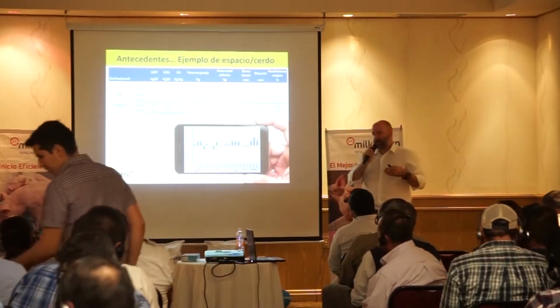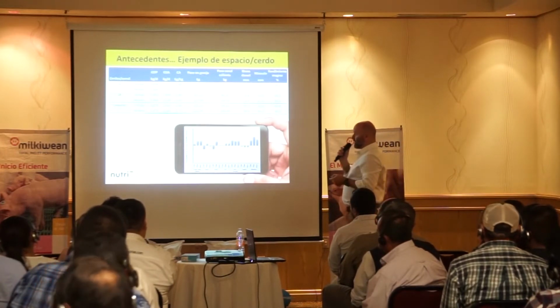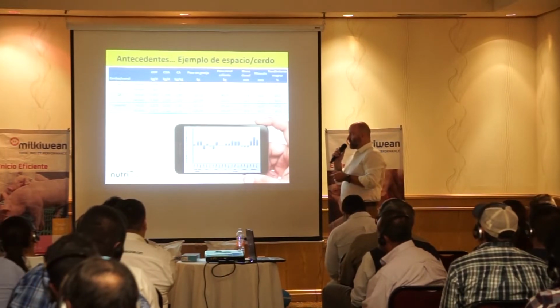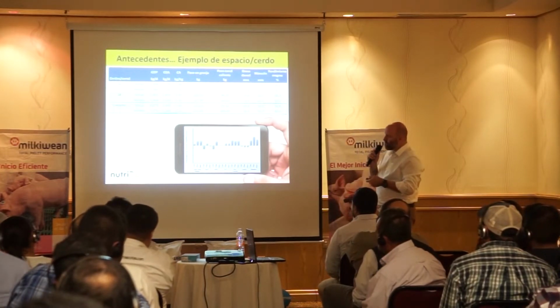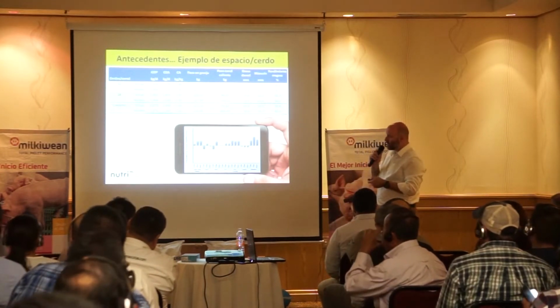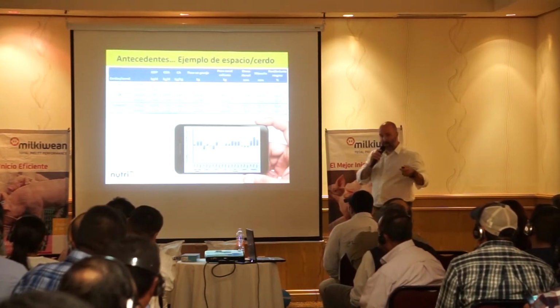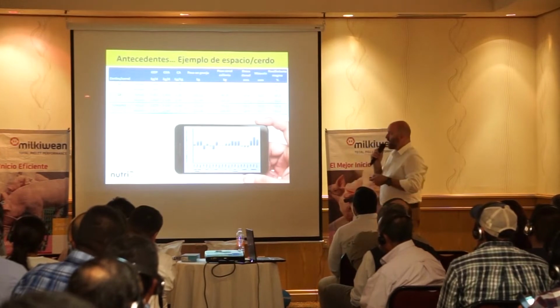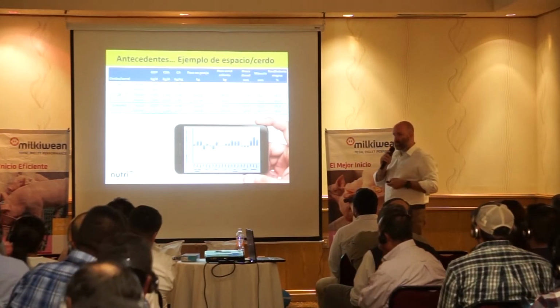Again, because we like to validate everything and make sure that we're reflecting reality, what we did was a real trial with stocking density. So we have a proper stocking density of pigs per pen. We have a high stocking density. When you look at the numbers, we have the actual results for measuring the animal's growth and performance, and we have the model predicted results of what would happen in those situations.